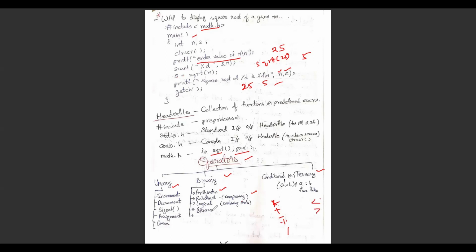Logical operators, then bitwise operators. Unary operators are increment, decrement. That is, if a value is 10, if I say ++a, a value is going to become 11, incremented by one. If I say decrement, it decrements by one. Sizeof, assignment, comma, all these are operators. We're going to learn them step by step. Let me close this.